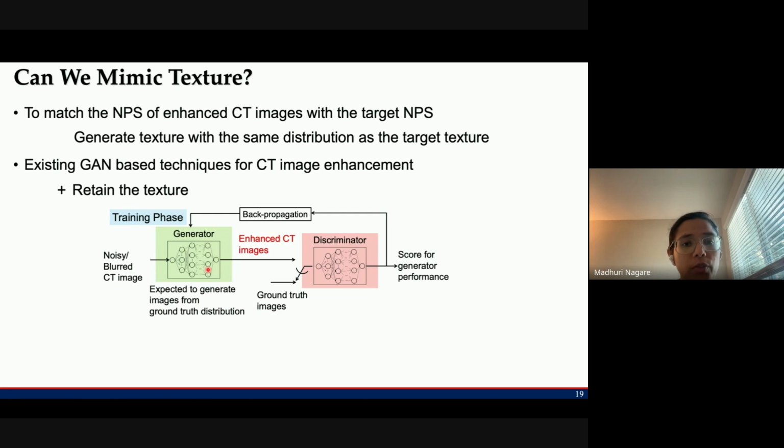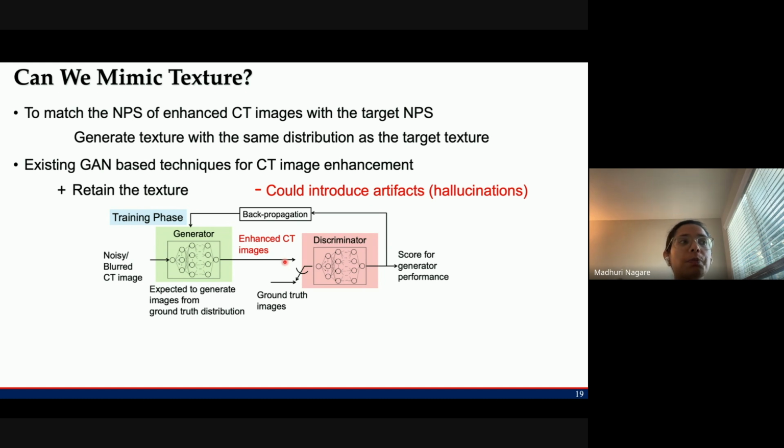They use a generator to enhance those CT images, and then they input entire CT images to the discriminator, and the discriminator gives the score, and then the generator is trained to generate enhanced CT images more similar to the ground truth CT images. The problem with this architecture is that it could still introduce some artifacts because of hallucination, because the discriminator doesn't concern itself with the actual content of CT images.